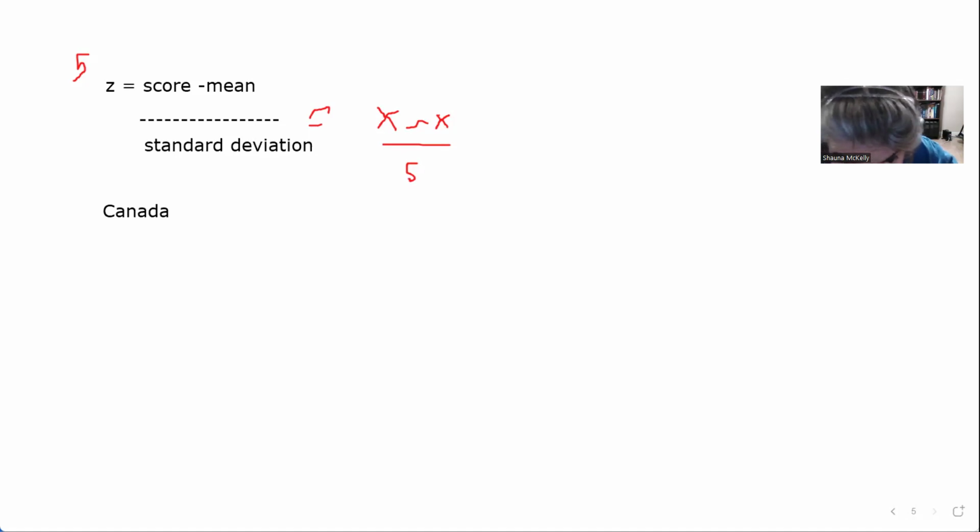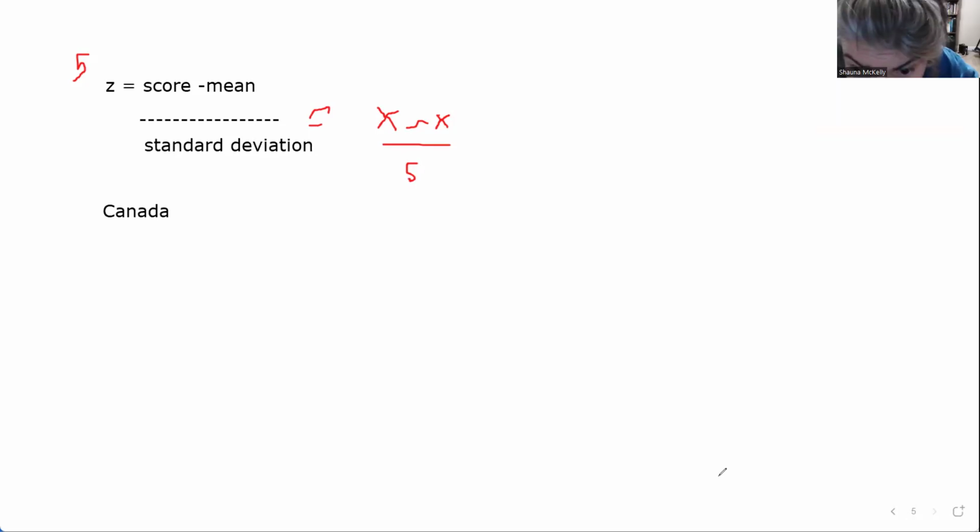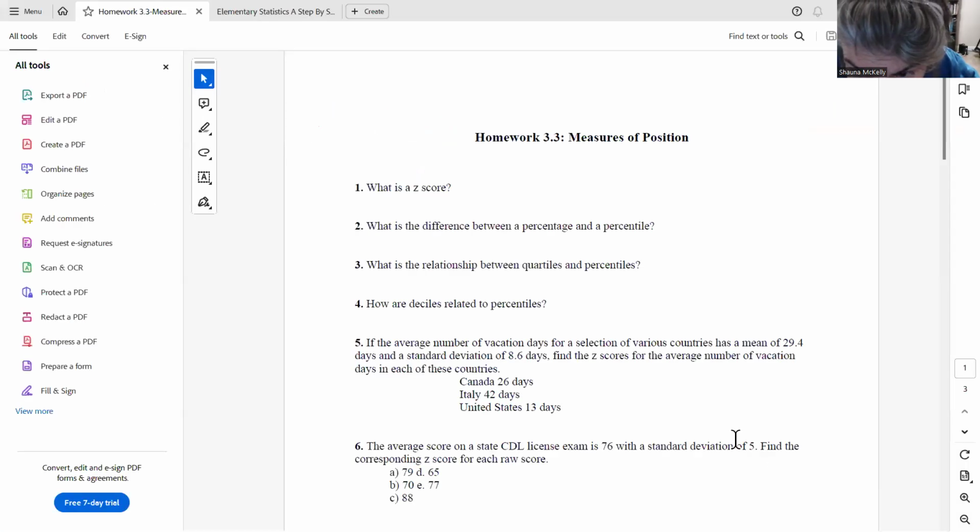Okay. So then we're going to look back at the homework. We have 26 minus 29.4. So it's less than the mean for various countries, essentially.